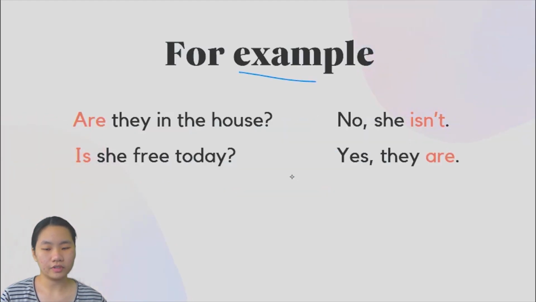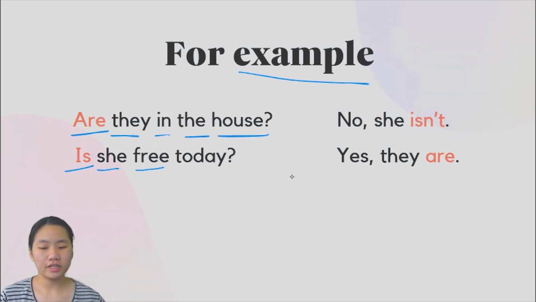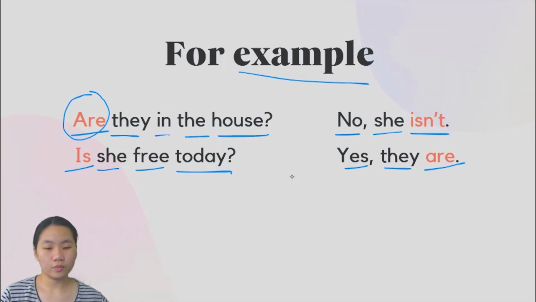For example, are they in the house? Is she free today? No, she isn't. Yes, they are. So we look at the be verb. This one is is, and this one is are.